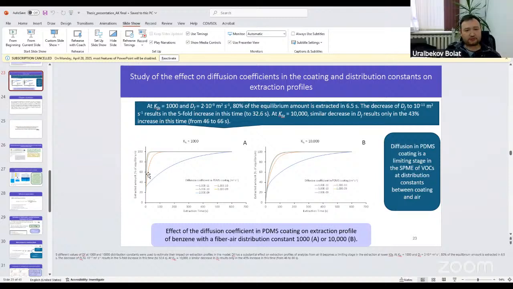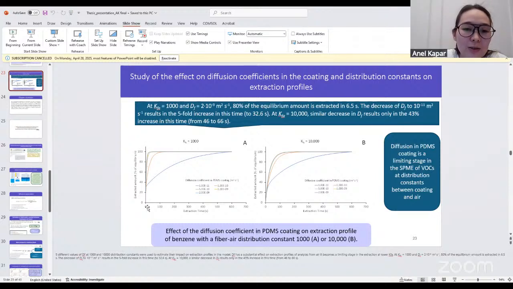I'm not sure you're right, because here you wrote that the increase from 46 to 66 seconds, yeah? 5.5 seconds to 36 seconds.